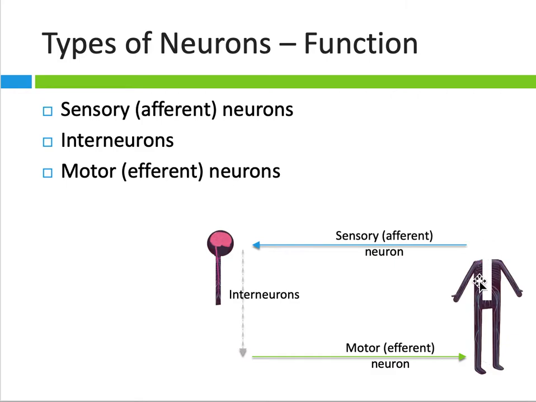So you're going to have impulses going from the peripheral nervous system to the central nervous system, from the central nervous system to the peripheral nervous system, and then within the central nervous system. So we will look at each of these individually.